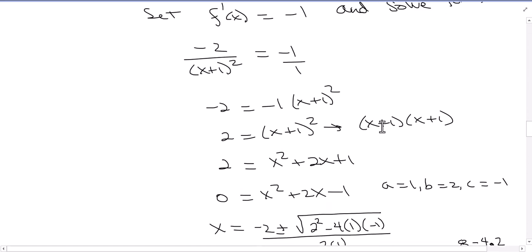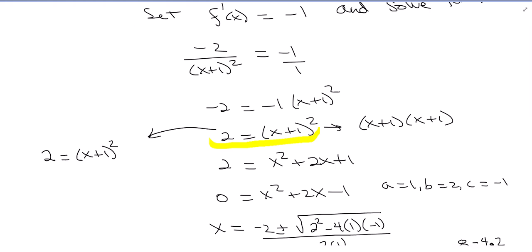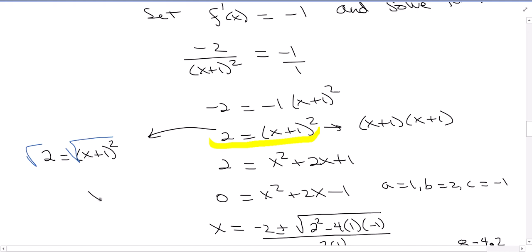As I mentioned earlier, we may have done better by solving using the square root property. So if I have 2 equals x plus 1 squared, take the square root of both sides. The one thing that is important when you're using the square root property is that you are taking the square root of a variable squared, so you're going to get plus or minus, right? Or the absolute value.